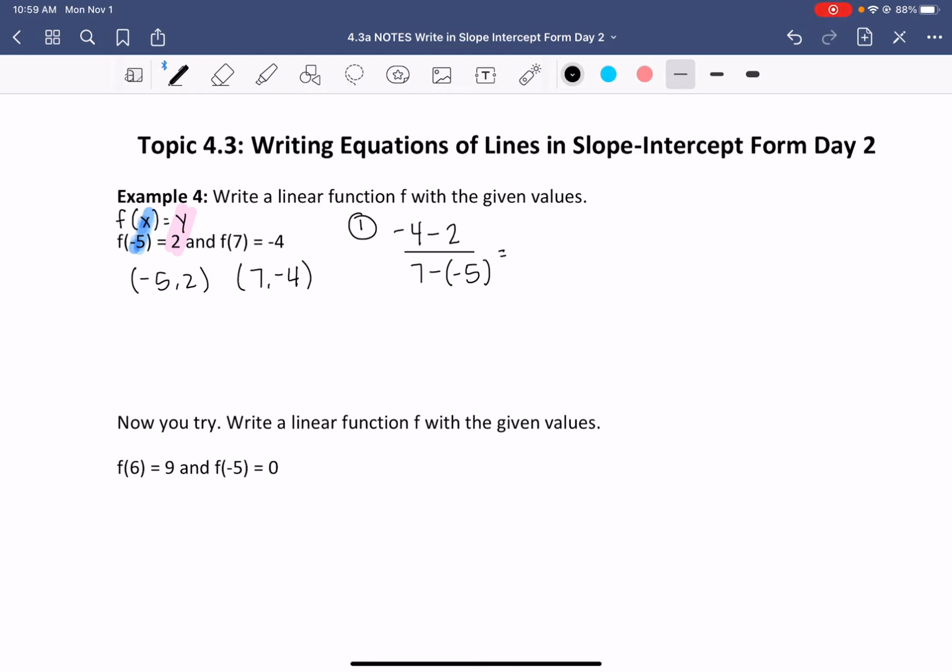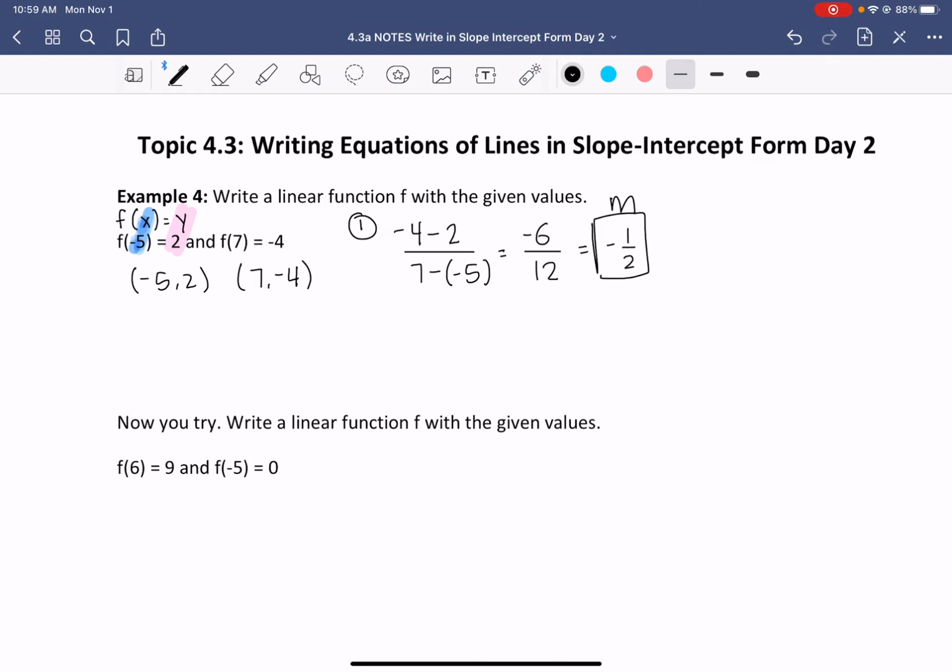So we have -4 minus 2, which gets us -6, and then 7 minus -5, which would get us +12. When we simplify that down, we get -1/2. So our slope is -1/2.